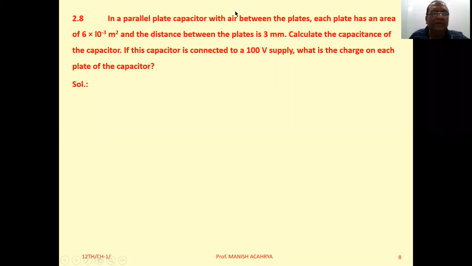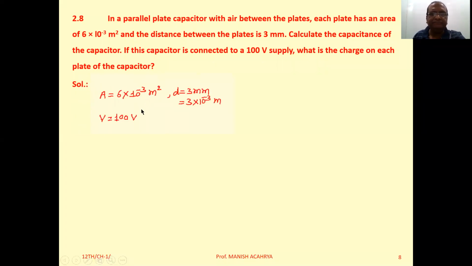Clear? Example 2.8. In a parallel plate capacitor with air between the plates, each plate has an area of 6 into 10 raised to minus 3 meter square and the distance between the plates is 3 millimeter. Calculate the capacitance of the capacitor. If this capacitor is connected to a 100-volt supply, what is the charge on each plate of the capacitor?